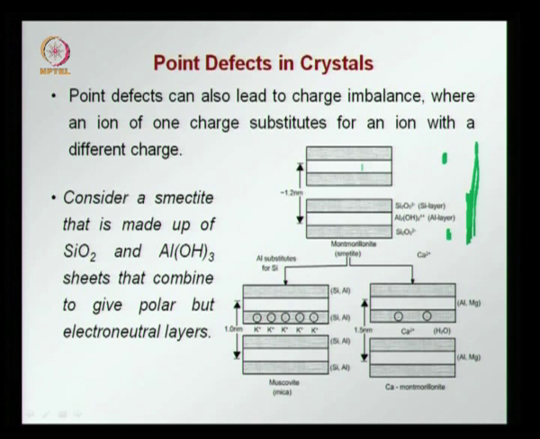behaves. For example, when the silicon is substituted by aluminum, you can have potassium cations being introduced between the clay sheets. This gives us mica or muscovite, or you can have calcium cations being introduced between the sheets, and the difference between these two is that with the introduction of the calcium cation, the space between the sheets is now bigger.